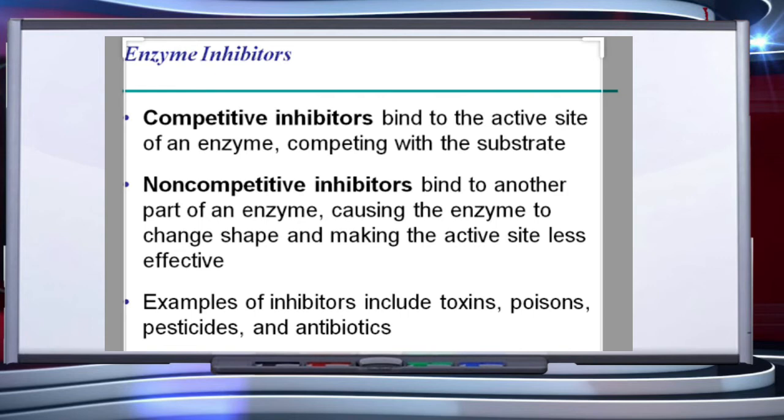Inhibitors are of two types, competitive inhibitors and non-competitive inhibitors. Competitive inhibitors bind the active site of the enzyme, competing with the substrate, whereas non-competitive inhibitors bind another part of an enzyme, causing the enzyme to change shape and making the active site less effective.